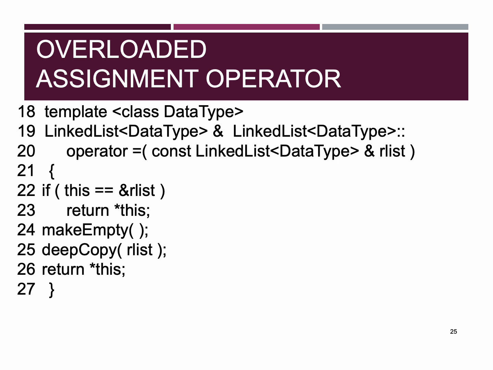Then if the two objects are different, we first call makeEmpty to clear the current list. This ensures that any existing data in the left hand side list is removed before copying the new data. We then use deep copy to copy the contents of the right hand side list into the current list.